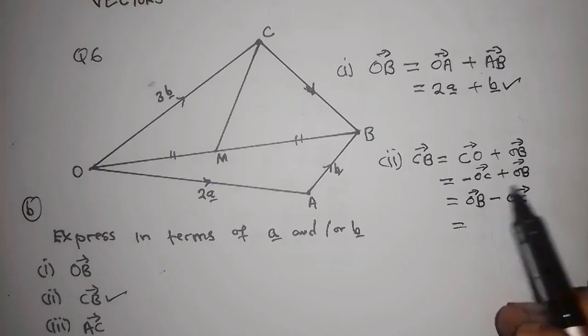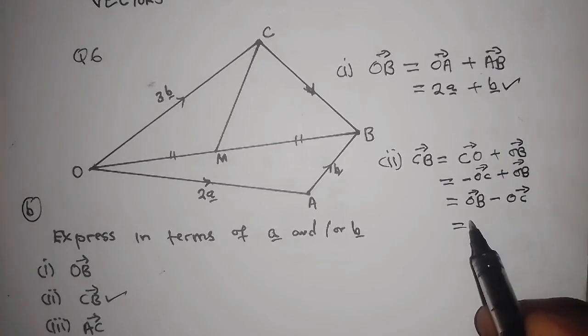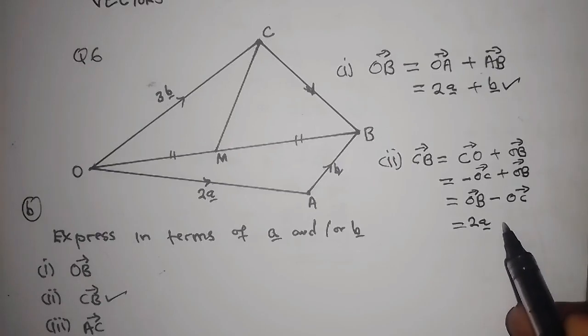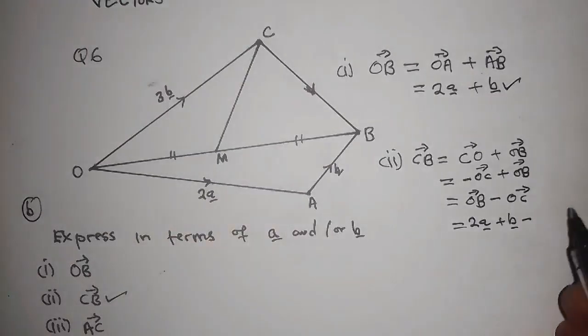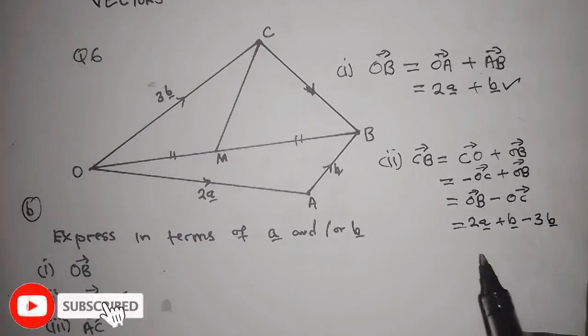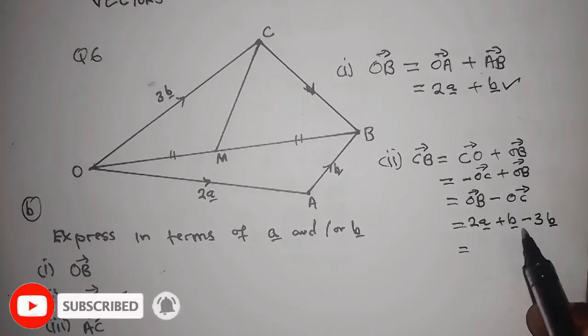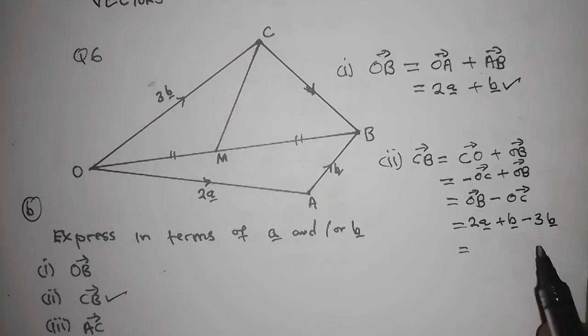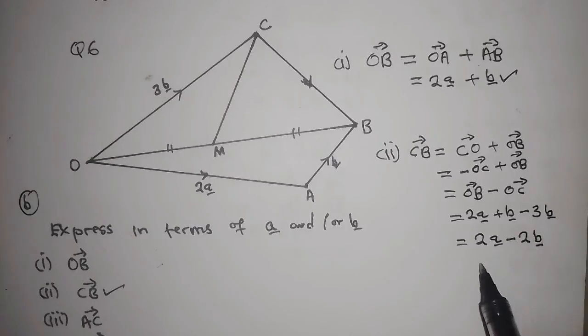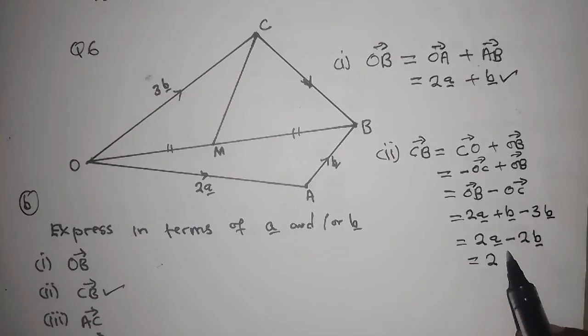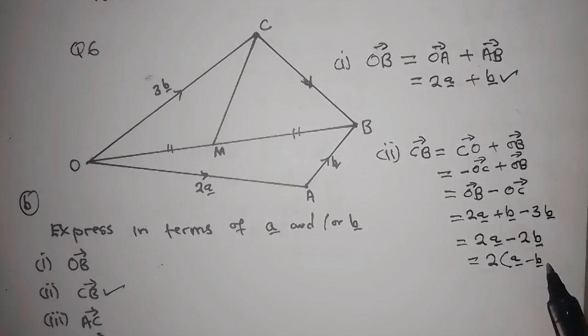I know OB is this one on top, so substitute this, then OC is just vector 3b. Now I have vector b and a like term, so I can add them together. Vector 2AB, this minus this, is just going to be negative 2, which you can factorize. So 2 is common, and this is the answer for this one.